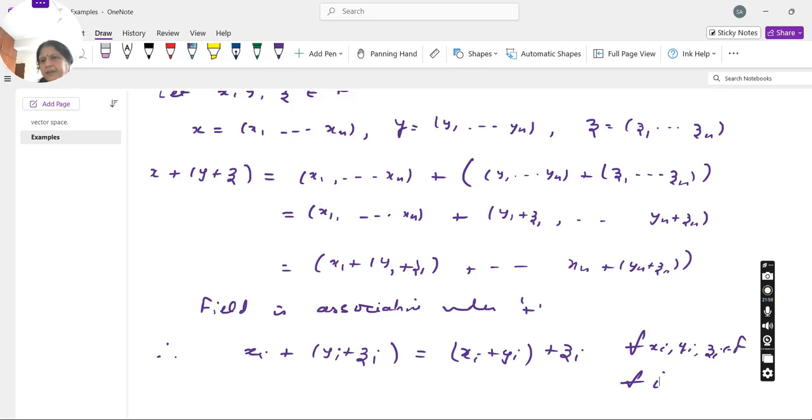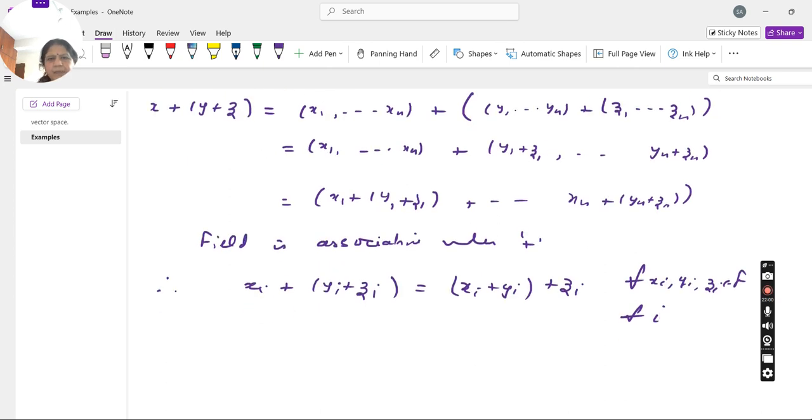So this gives us that x plus (y plus z) is now, sorry, it's not i, it's 1 because we are adding the first element.